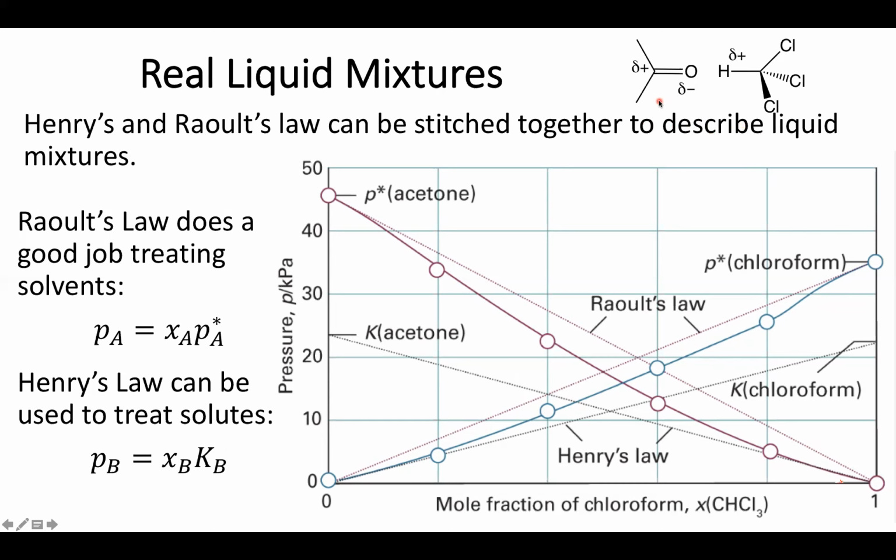Because if I mix acetone with chloroform, well, it turns out that chloroform with a slightly electropositive hydrogen doesn't actually do that great of a job hydrogen bonding to itself. It's one of the reasons it's so volatile. However, as soon as you mix it with acetone, well, acetone has this nice negatively charged oxygen that doesn't do such a great job forming a polar bond to itself.